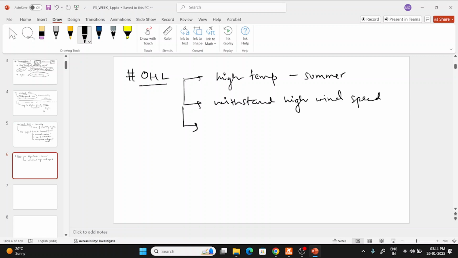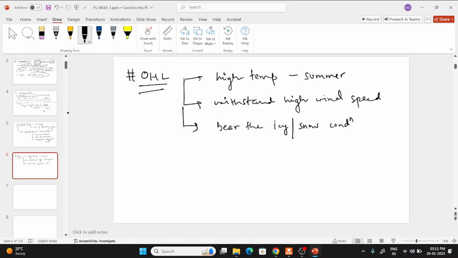And for example, if these lines extend to the regions where the temperature goes down to minus, then they have to bear the ice or snow conditions also. So like I have said, we switch from the underground cables to the overhead line for economic reasons and various reasons which I have discussed.